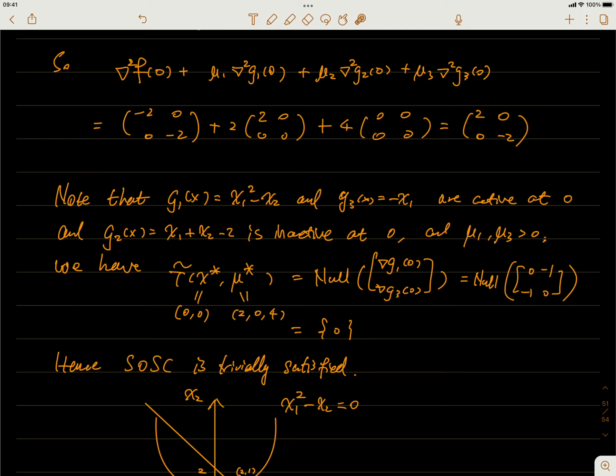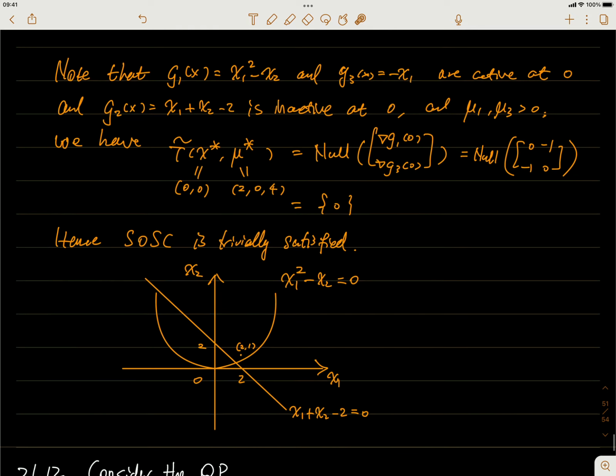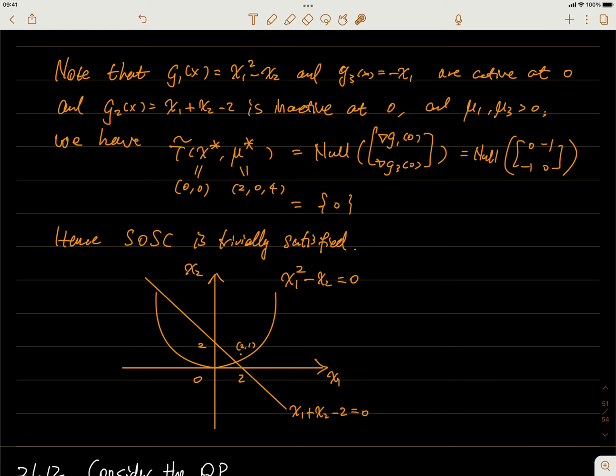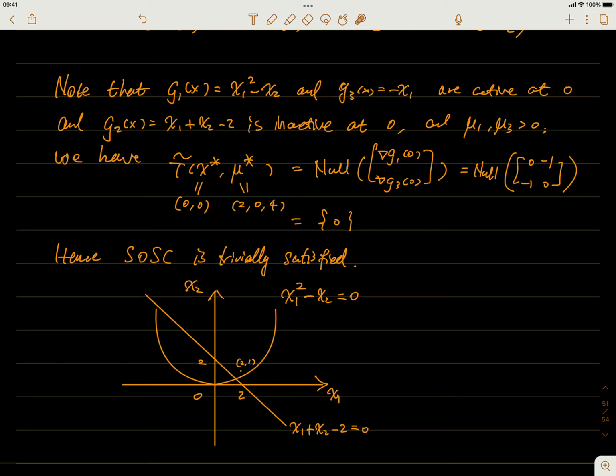So there's no way for us to check if this y transpose Hessian y thing is greater than 0 for non-zero y, because the only choice for y is equal to 0. So this means that the second order sufficient condition is actually satisfied. It's just trivially satisfied, because there are no non-zero vectors from this T tilde. So it is trivially satisfied in this case.